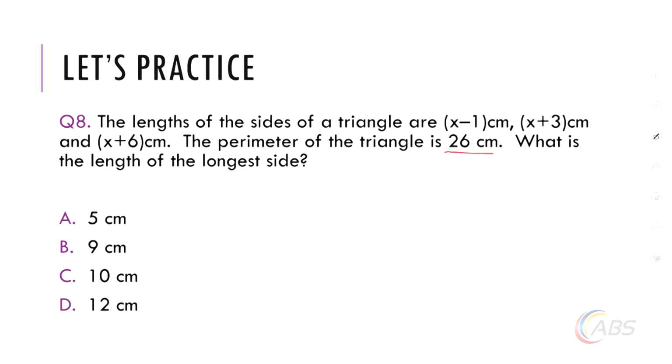So if we add x - 1 and x + 3 and x + 6, we're going to get 26 centimeters. That's what they told us. If this is unclear, the best thing to do would be to rearrange the equation.